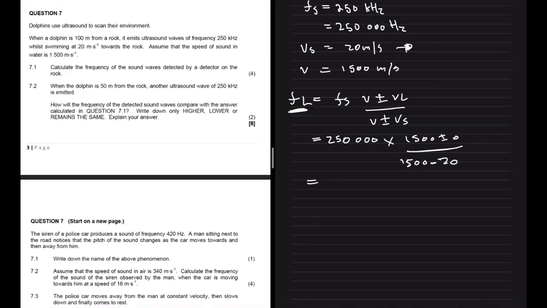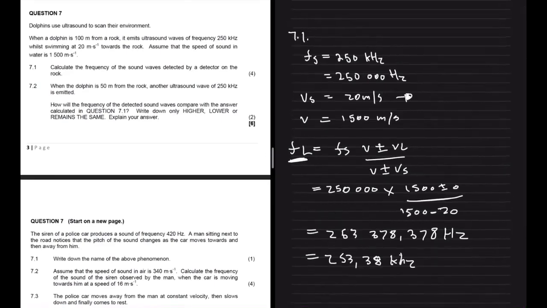250,000 multiplied by 1,500 divided by 1,480, and then that's going to give us 253,378.3784 hertz, which you can convert to kilohertz, and then you're going to have 253.38 kilohertz.